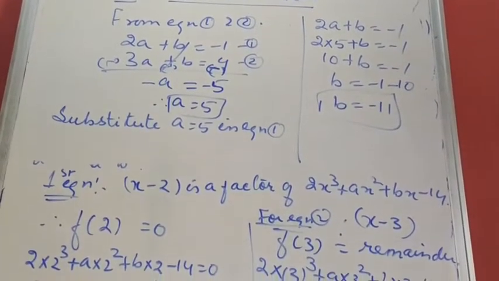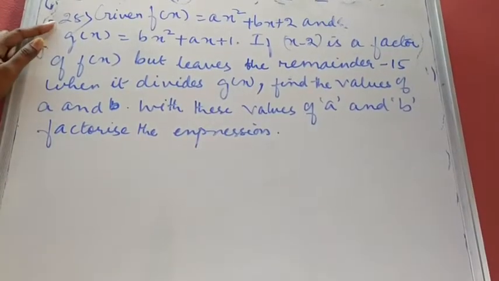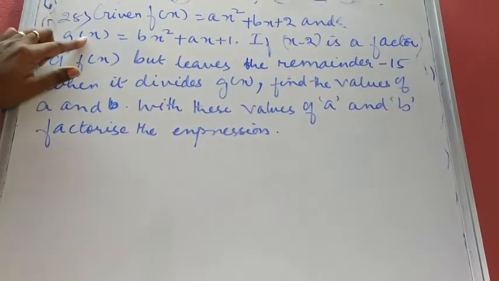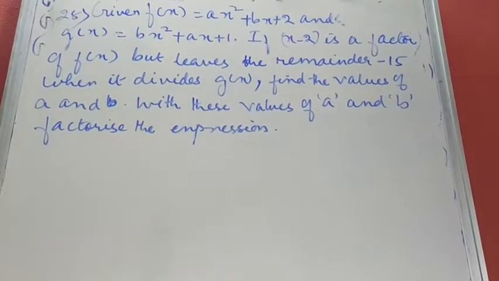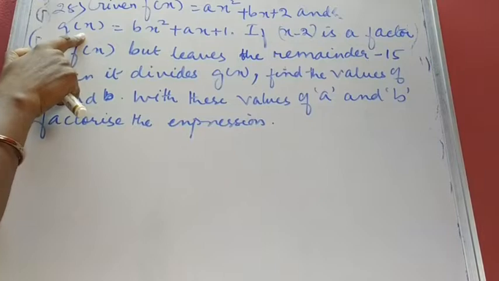Let me do the 28th question also for you. So this is the 28th question of exercise 6. Here we have two polynomials, one as f of x and the other as g of x.